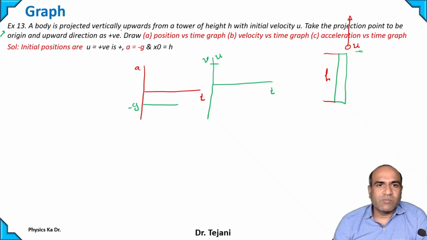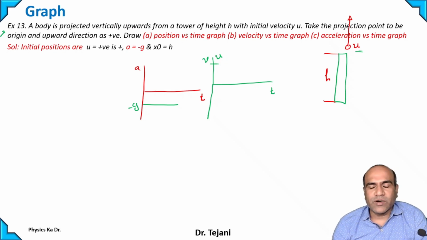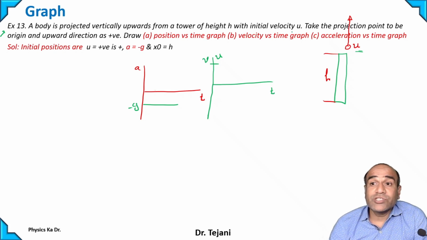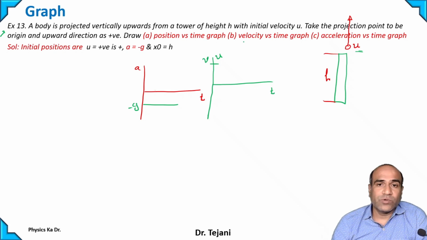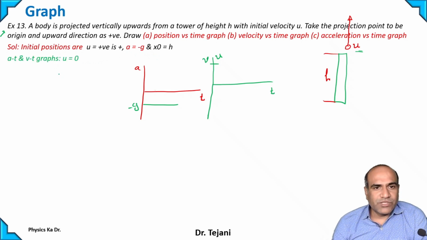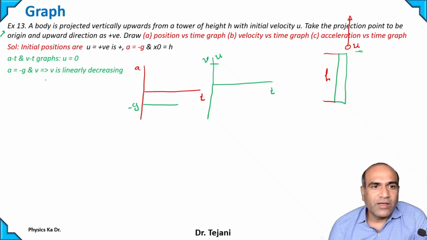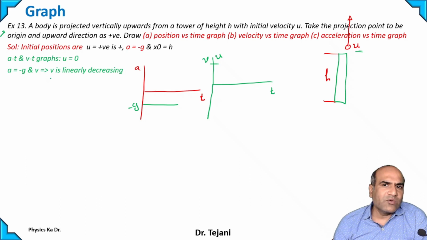The body is projected vertically upward from a tower of height h with initial velocity u. So initial velocity u is positive, and g is negative, meaning acceleration is negative.